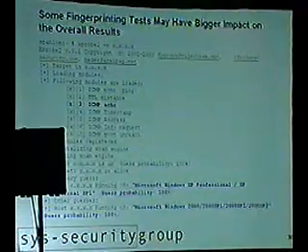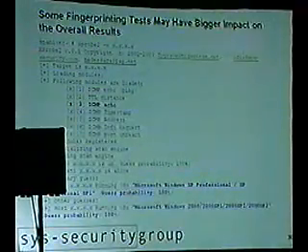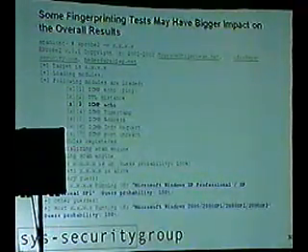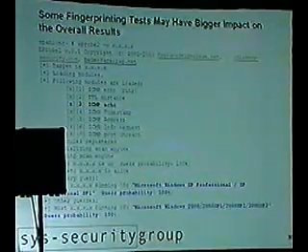This is an example with XProbe2 running all of its fingerprinting models. You can see that the test in question here is a Microsoft Windows XP Pro SP1, but you can see that we got the 2000 as well as an answer.